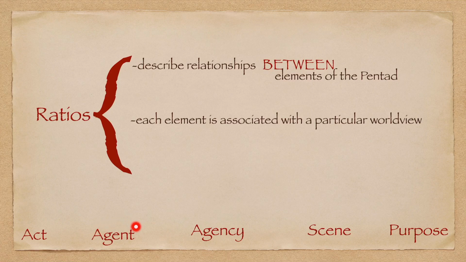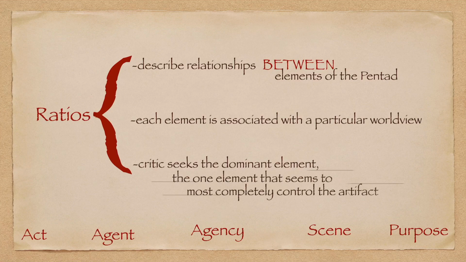So he thinks that if you've got an agent aspect of your drama, then you're looking at one kind of worldview, whereas if you've got a purpose aspect, you're looking at a different kind of worldview. So each particular element of the ratio gives some kind of perspective on the worldview that's present in your artifact. It gives you a way to interpret your drama.